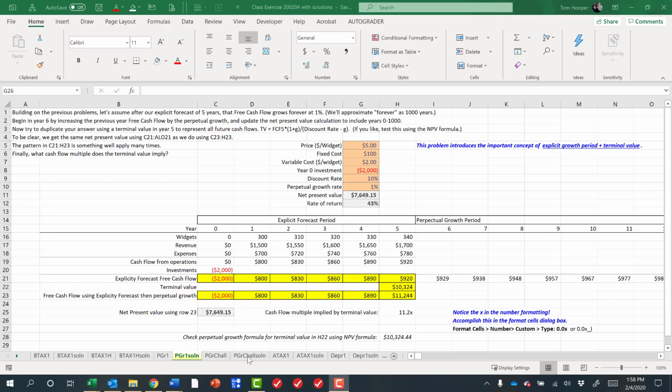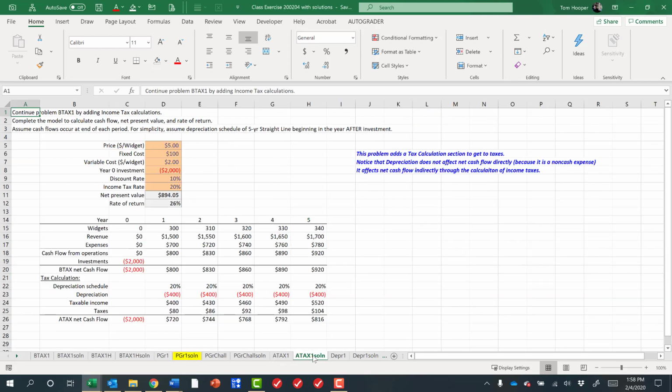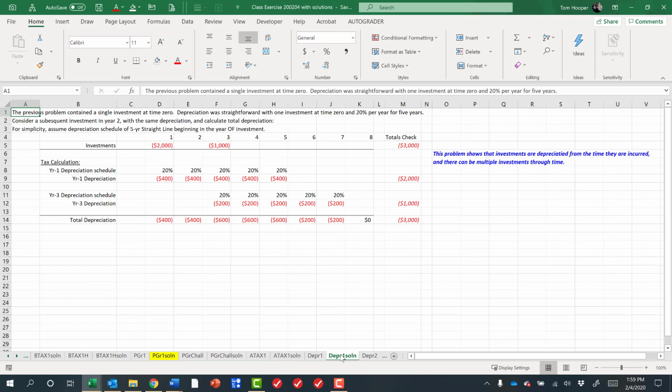In the next video, we'll move over here and begin talking about the after-tax situation, where we have a tax calculation to come up with our taxes based on a depreciation schedule applied to our investments. These practice problems in the February 4 exercise begin with the basic concept and then talk about how complicated this depreciation might get.